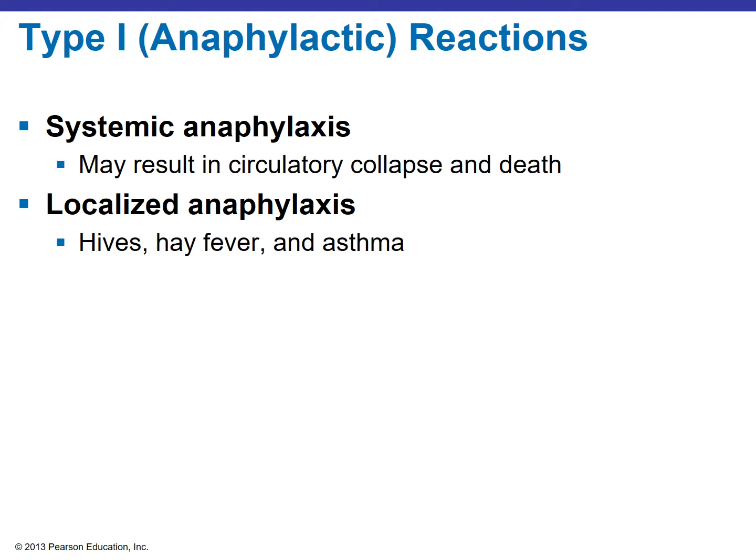And that is due to the antigen causing the mast cells to release their mediators like histamine, which causes blood vessels to dilate and blood pressure to drop. That can be fatal, and at that point you really need epinephrine to constrict the blood vessels to prevent that from happening.